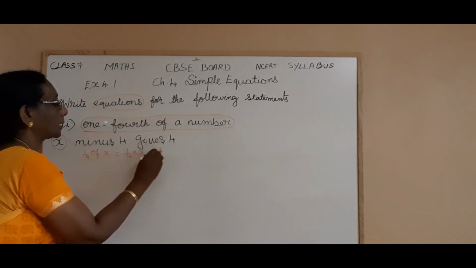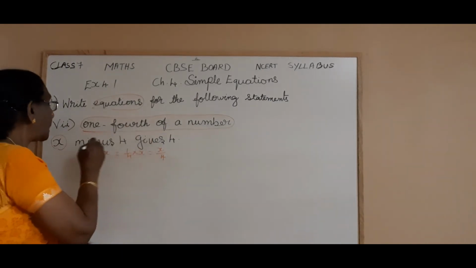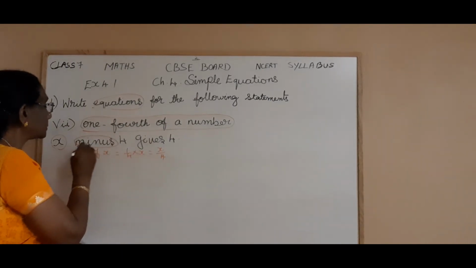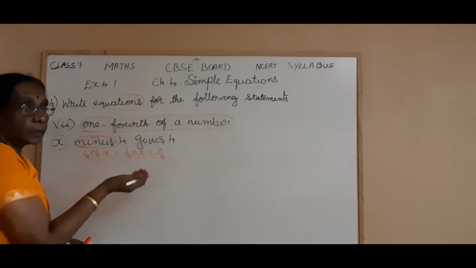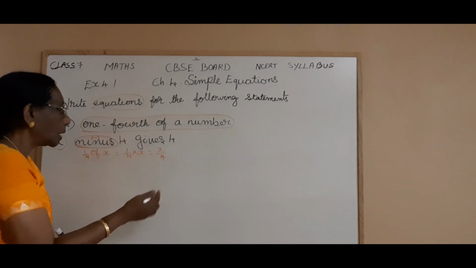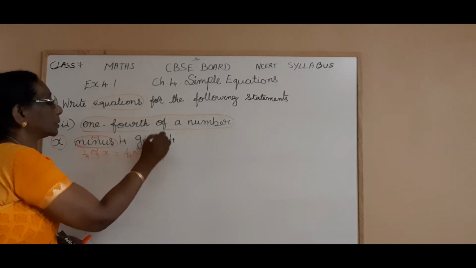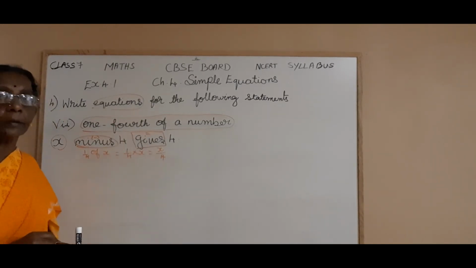That is equal to x by 4. And what is the operation? Minus. Means this subtraction symbol. 4. What are you subtracting? 4. From 1/4 of a number you are subtracting 4. And gives. Gives means equal. It gives you what? 4.